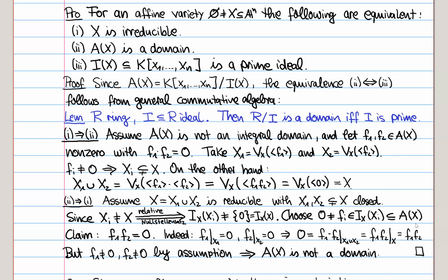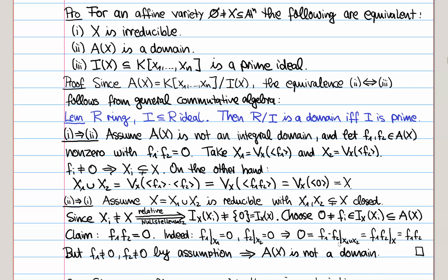So what we can do is hope that the product of these two functions is zero. And this is exactly the next claim. Indeed, F1 was in this ideal of X1, which means F1 on X1 is zero. F2 on X2 is similarly zero.